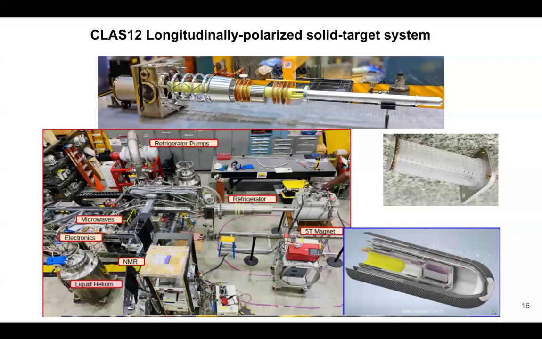You put your target in a cell that looks like this, and into this system, and all the complexity of running a polarized target is there, all the diagnostics, and this lithium experiment is just going to use that. So we only need, quote unquote, only to put lithium-7 in this capsule, and then everything else is done.